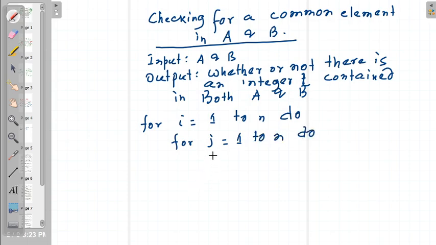Now we check if ai, sorry, this should be B, equals bj. Each element of the A array will be checked with every element of B, so that we know some element is there in both A and B. That is one possible implementation.